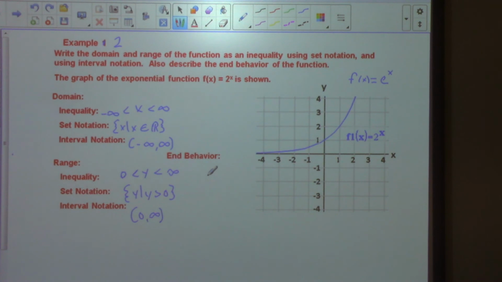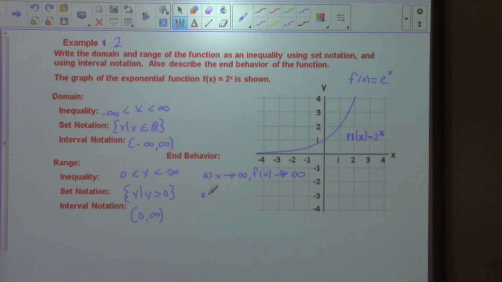And now what about end behavior? As x approaches infinity, what does f of x approach? Infinity, Marcus says. Does that sound right? Okay.